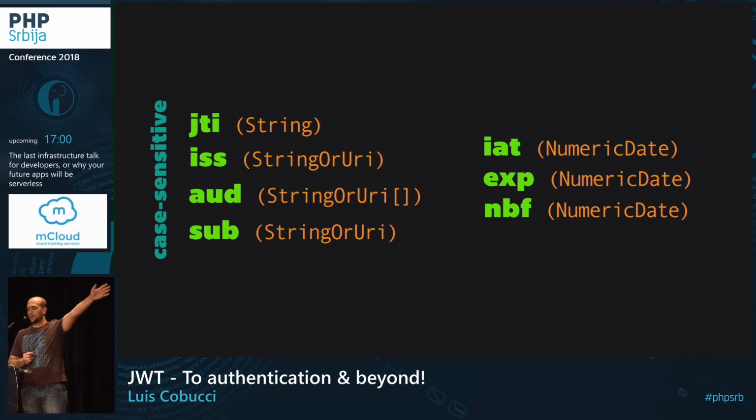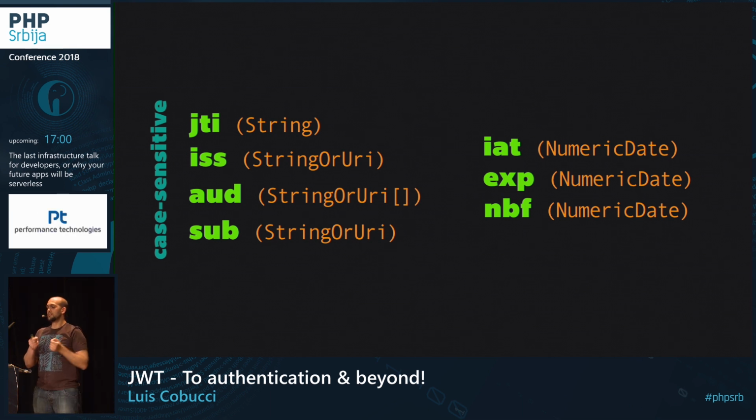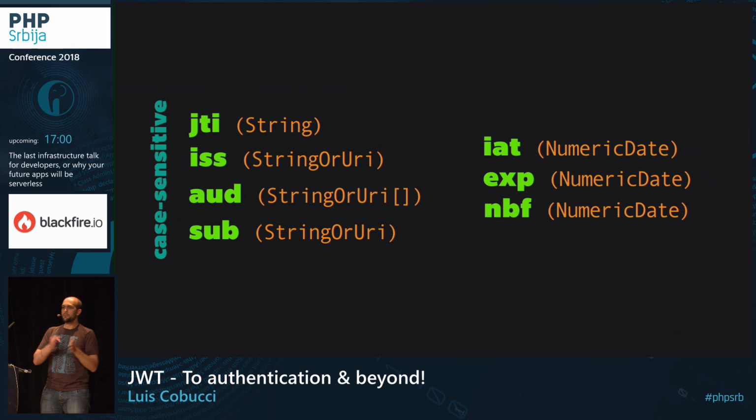We have on the right, sorry, the list of the claims that are related to dates. So the first is when the token was issued, so issued at. The second is expiration, when the token should expire. And the last is related to the minimum amount of time before the token can be used, so it's not before.